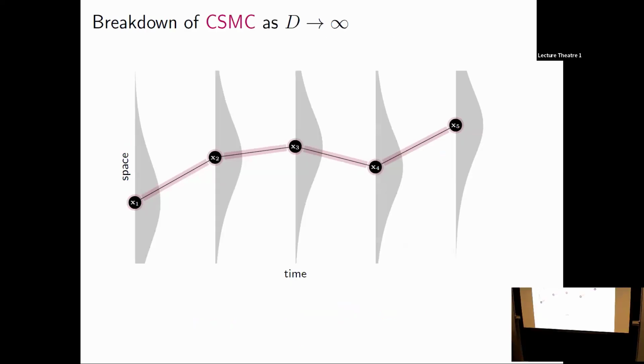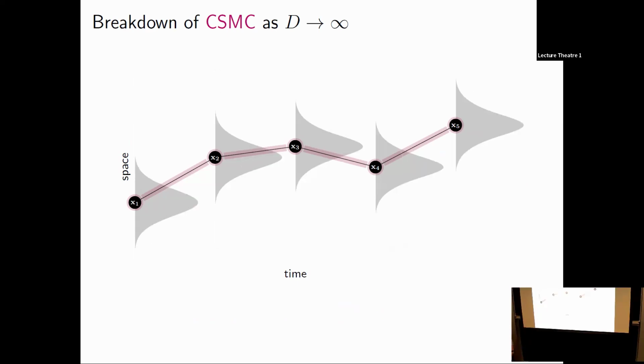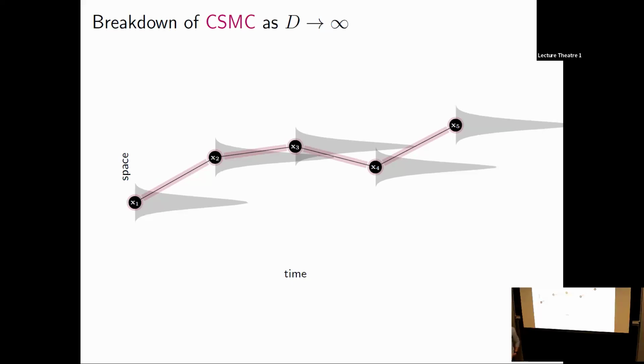Now, what happens in high dimensions, where by dimension I now mean the state dimension. So this is my visual representation of higher dimension. The target becomes more concentrated in some sense. But then in high dimensions, what happens is that, as with the independent Metropolis-Hastings algorithm, it's incredibly difficult to propose particles in the right part of the space.